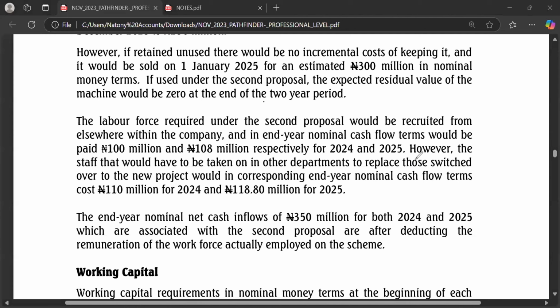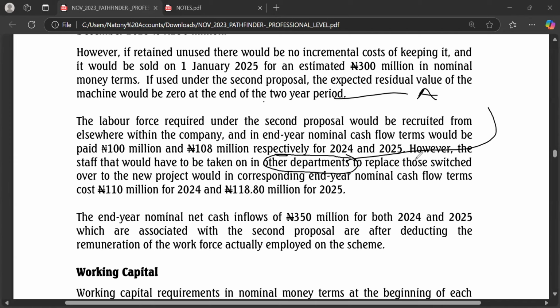these new projects will involve moving staff from an existing department to the new project, Project B, right? And at the same time, these staff that have been moved from these departments will need to be replaced by new staff from outside the organization.